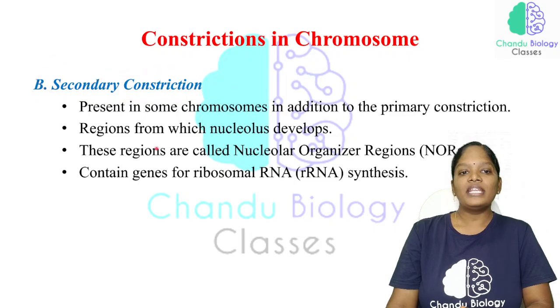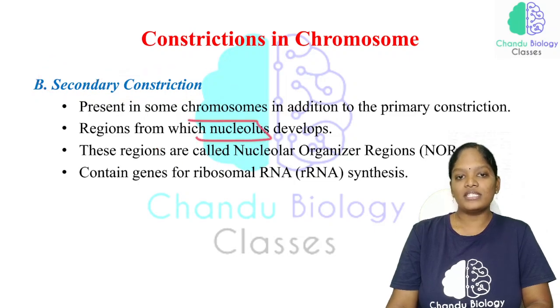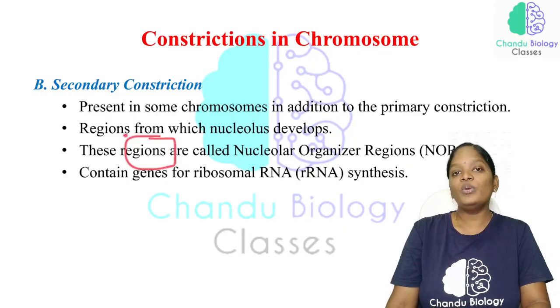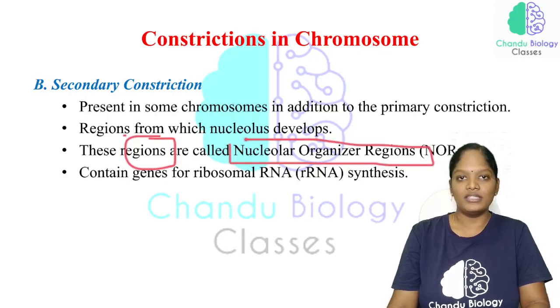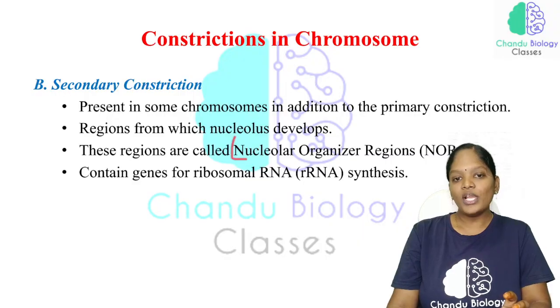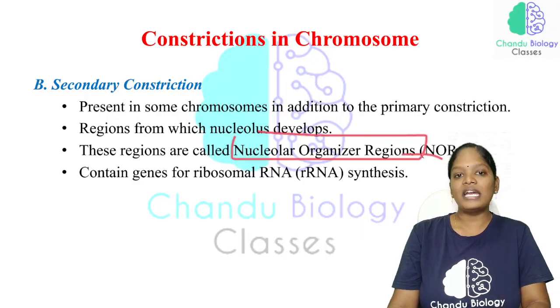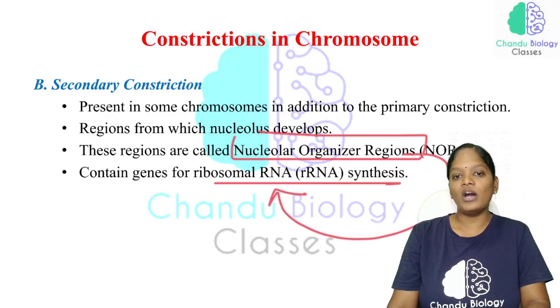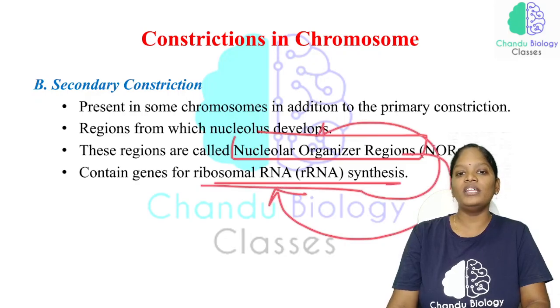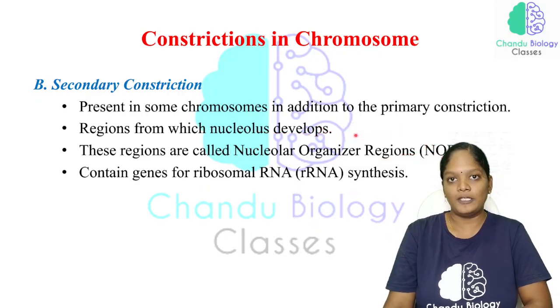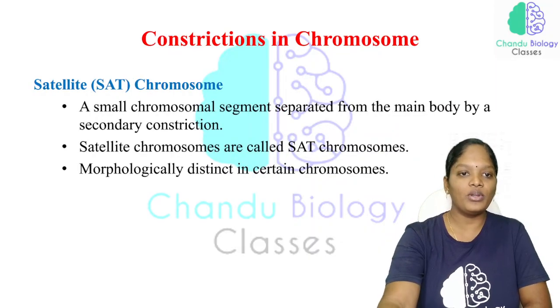The region where the nucleolus develops is called the nucleolar organizer region. This nucleolar organizer region contains the genes for ribosomal rRNA synthesis. That is where the nucleolus is present. This is an important point.